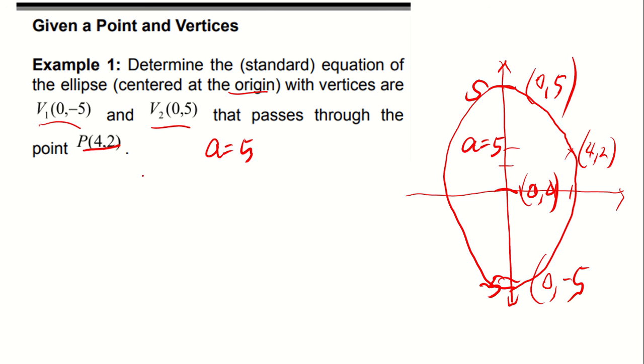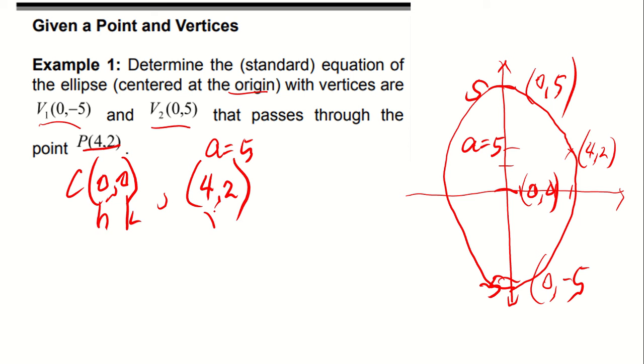So ang ating titingnan naman dito is, we know that the center is at h, k and h equals 0 and k is 0. And then we have the vertex given 0, 5 and 0, -5. But the most important here is the point 4, 2. Why? Because this one is h and this is k, this one is x and the y, and this is a squared. We got a squared equals 25.